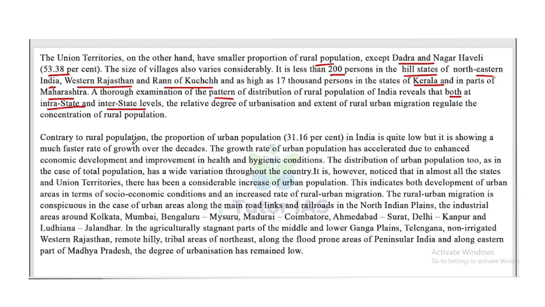Contrary to rural population, the proportion of urban population, which is 31.16% in India, is quite low, but it is showing a much faster rate of growth over the decades. The growth rate of urban population has accelerated due to enhanced economic development and improvement in health and hygienic conditions.